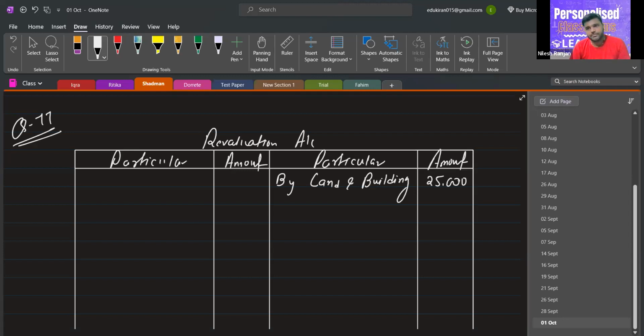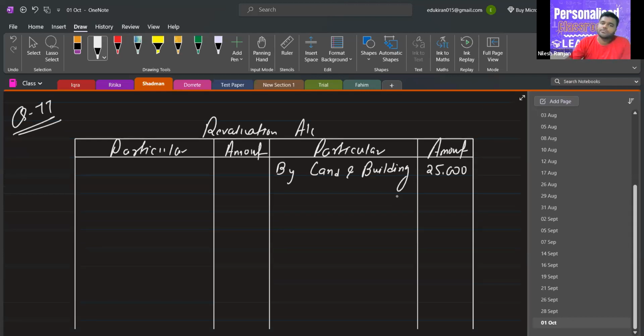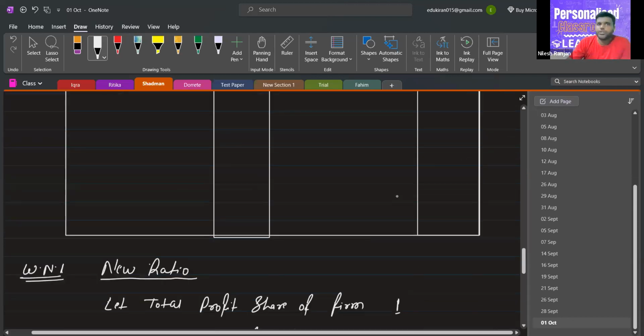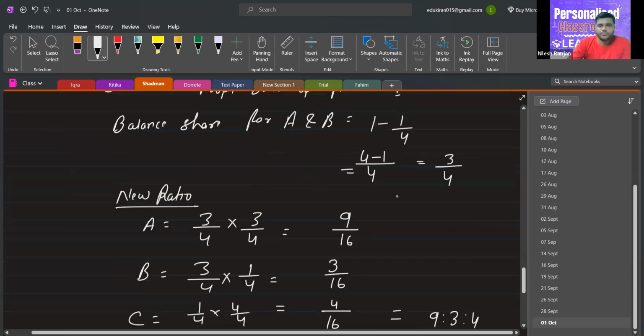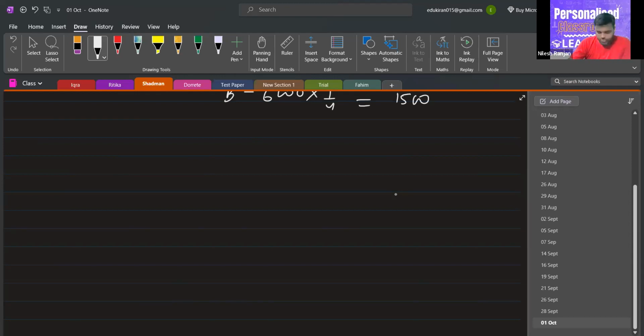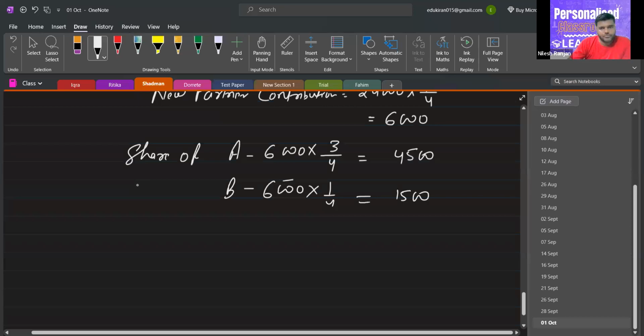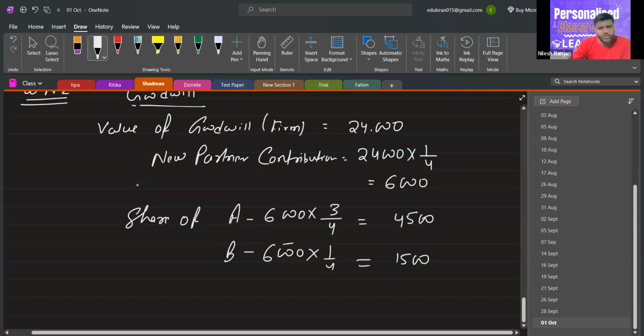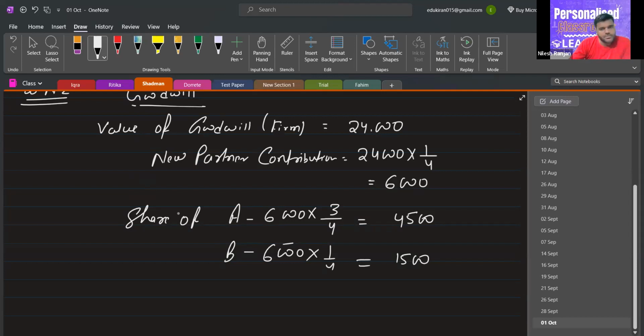So, sir, if we have to calculate sacrificing ratio, how will you calculate? Old ratio minus new ratio. So that becomes the sacrificing ratio. Yes, sacrifice equals old ratio minus new ratio. Okay, sir. This formula you have already written in your notebook, I think. Yes, sir, but I just got a doubt.